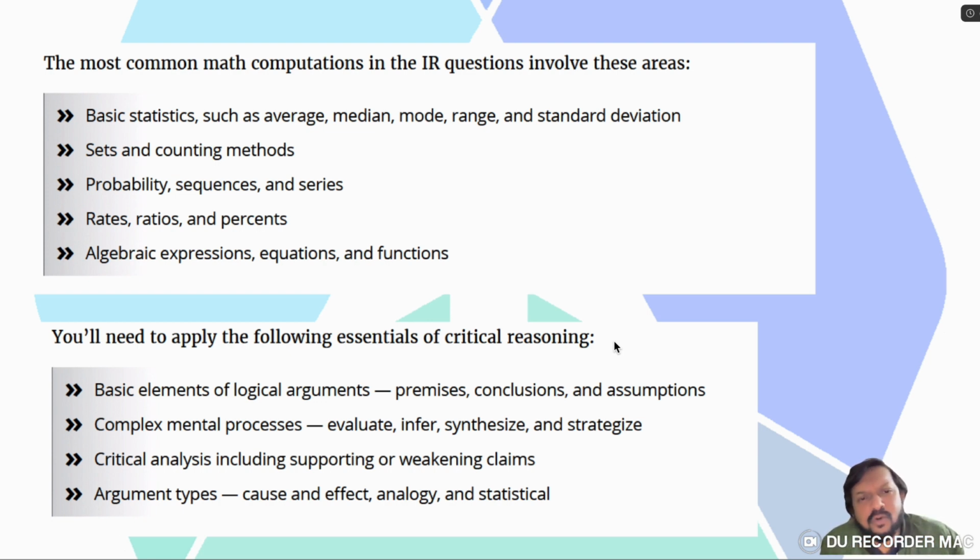It will also be good to know sets and counting methods, the basic understanding of chance and probability, sequencing and series. It is always good to know the importance of ratios, profit, loss, discount, what is percentage more, what is percentage less, how much percentage growth rates, and so on.